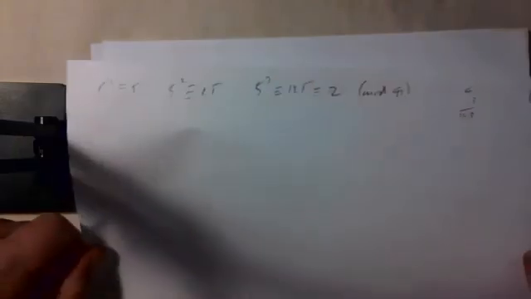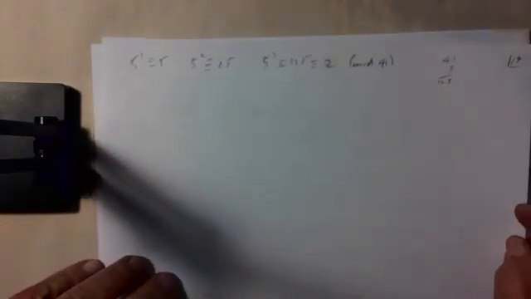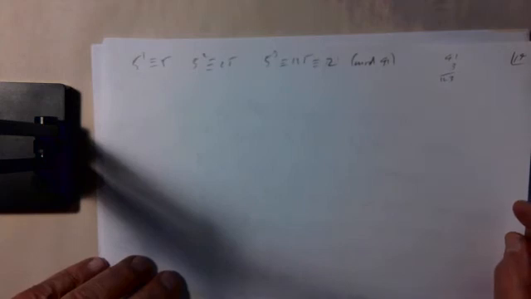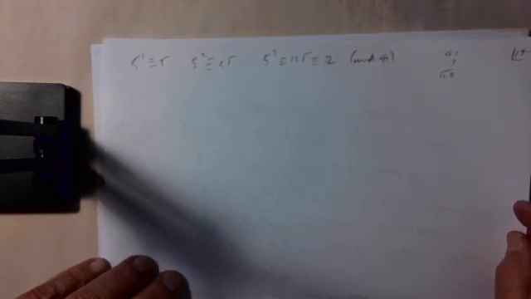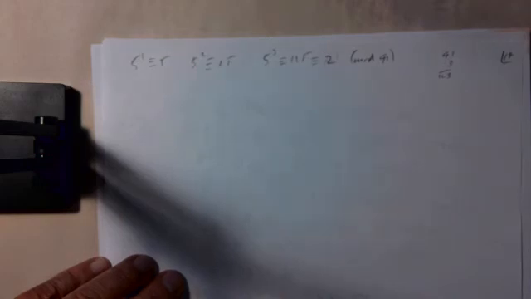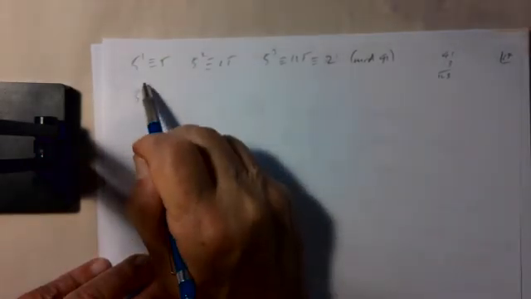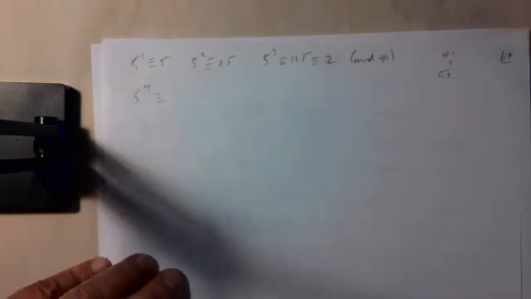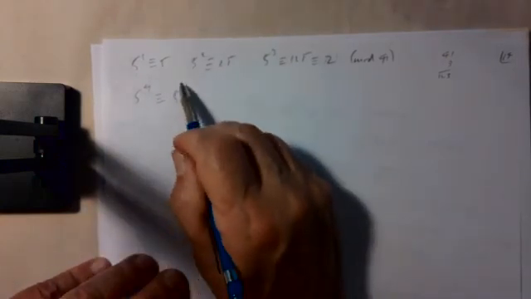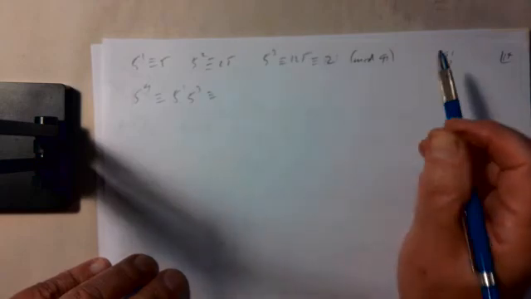Now, we saw that 2 has order 20. Let's look. 5 to the 4th. Let me just keep going. 5 to the 4th is 5 to the first times 5 cubed.